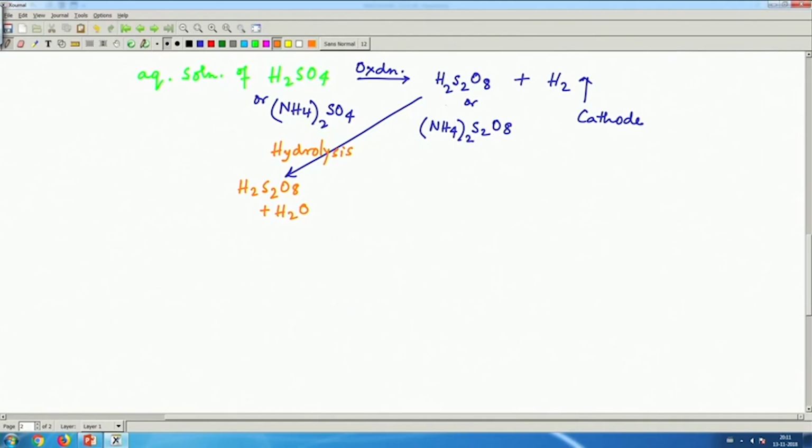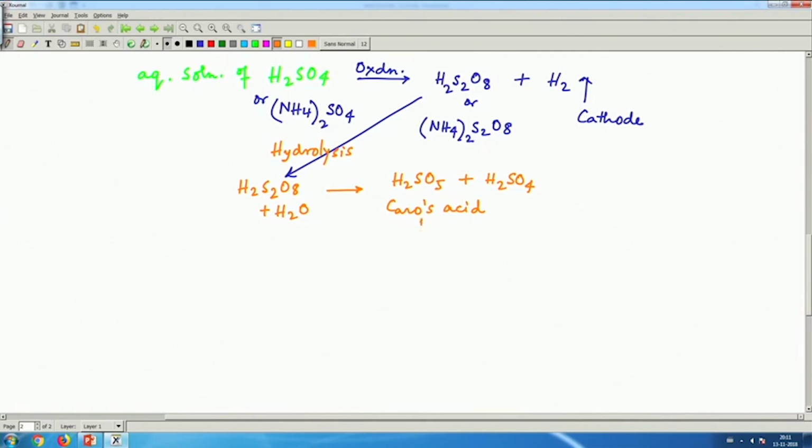So, hydrolysis means utilizing water for breaking up of this material for H2SO5 plus H2SO4 back. So, this is known as Caro's acid, persulfuric acid, we call it as a persulfuric acid. So, that means that per group has been introduced within the sulfuric acid framework.